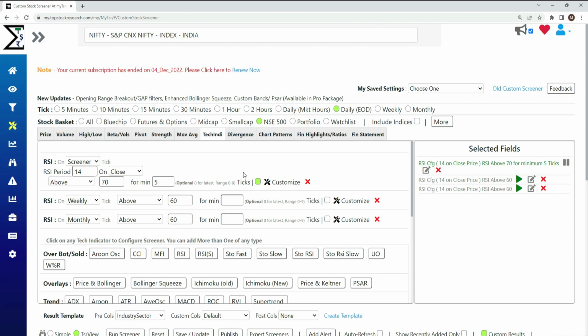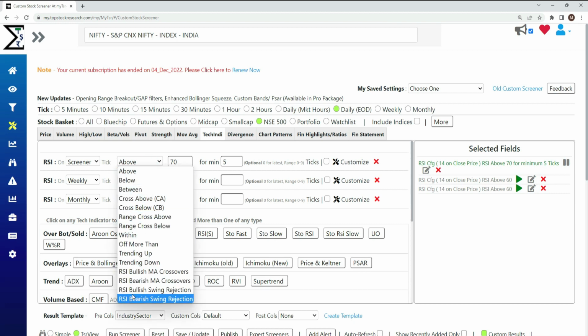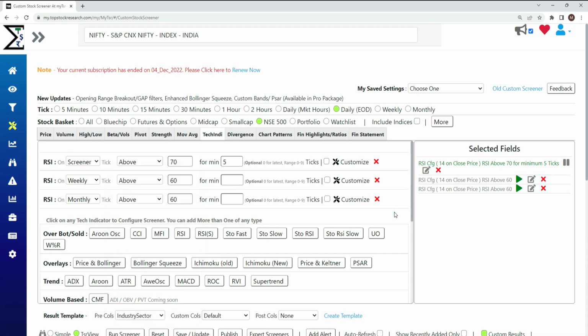FMCG will generally not move that much, but some stocks, especially mid cap and small cap, will move much faster and respond much faster to price and market news. So accordingly, feel free to set any of these things. There are lots and lots of different options. If you need any help, we can definitely come and give you support and help you understand any of the terms.